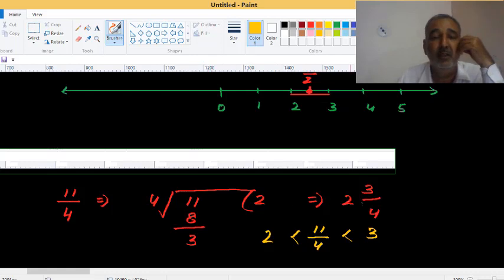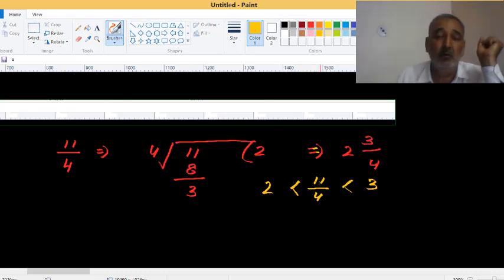I am not taking larger expansions right now. By taking simple numbers, I am trying to teach you. Later on, you can take larger numbers as well. So how to draw a point on number line so that it can represent 11 upon 4. I'm taking the same method.